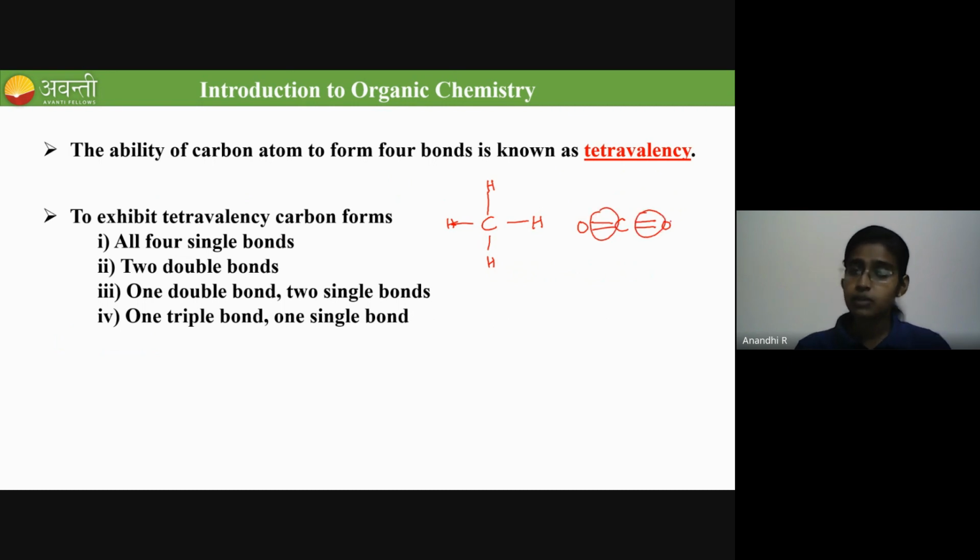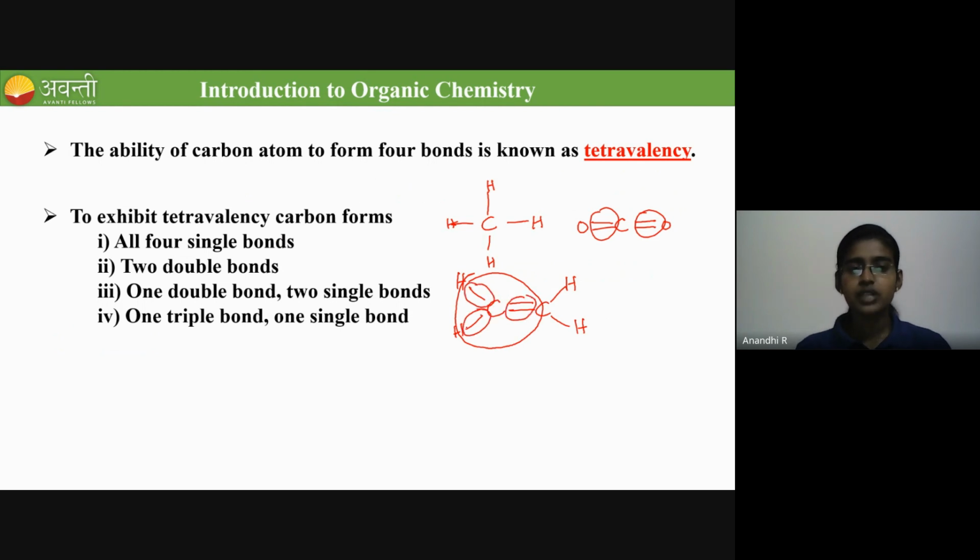And 1 double bond and 2 single bonds, as in the case of C2H4. All these molecules I will discuss with you in the upcoming slides. Around this particular carbon, we have 1 double bond and 2 single bonds, right?